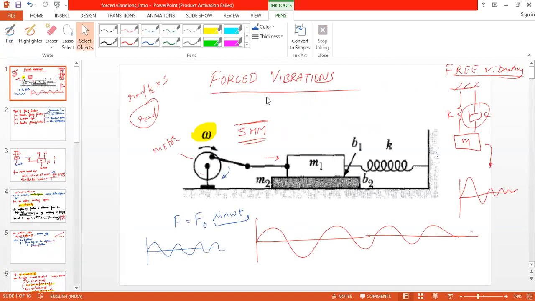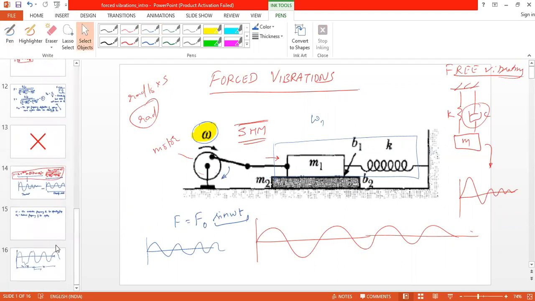If you look at the first picture, omega is the operating frequency of the motor, whereas omega n is the natural frequency, which is the property of the mass and the spring. So you should not get confused with these two terms.